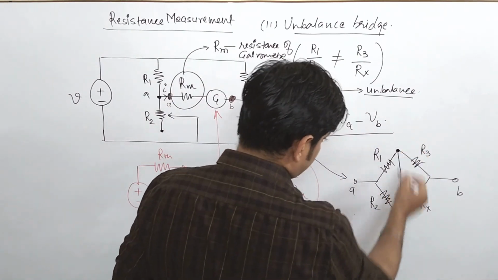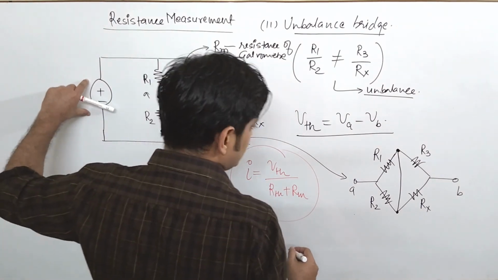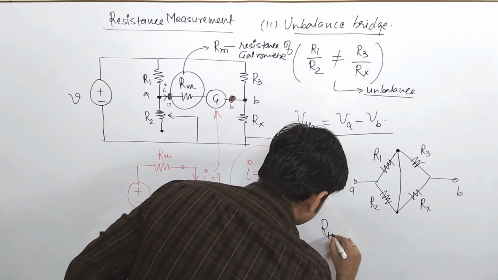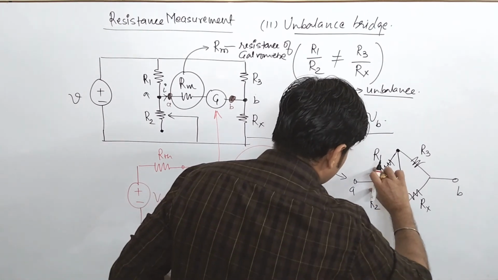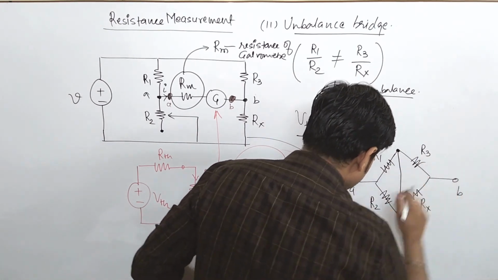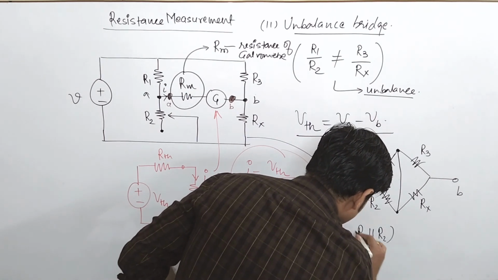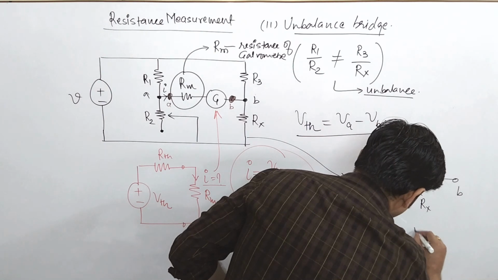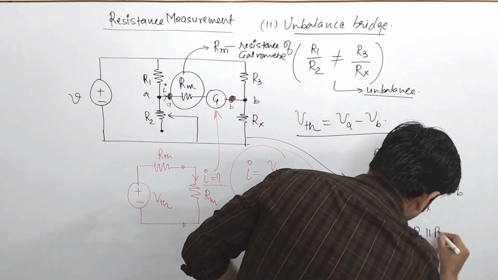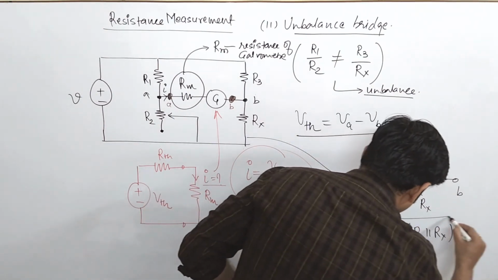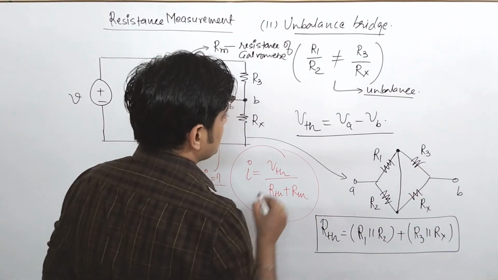When this is short circuited, because this voltage source gets short circuited, you can say the value of RTH is what? These two resistances come into parallel, and these two resistances come into parallel. So RTH is R1 parallel R2 plus R3 parallel Rx.